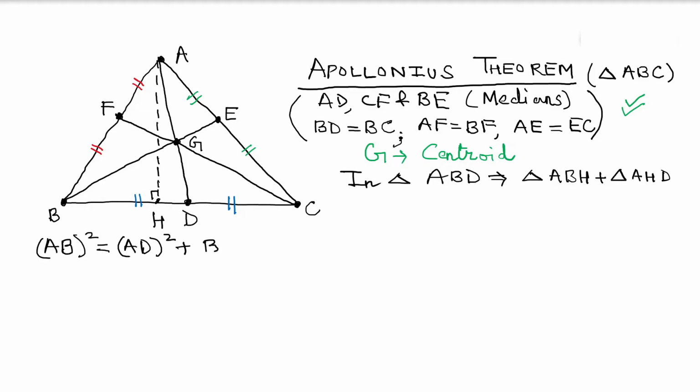We can write plus BD whole square minus 2AD into BD.